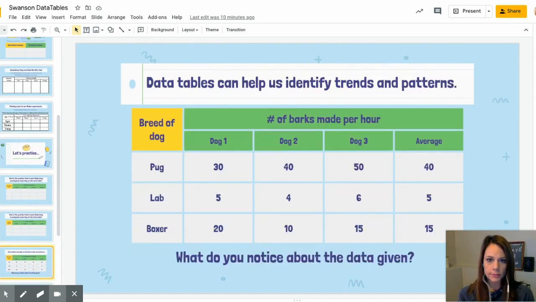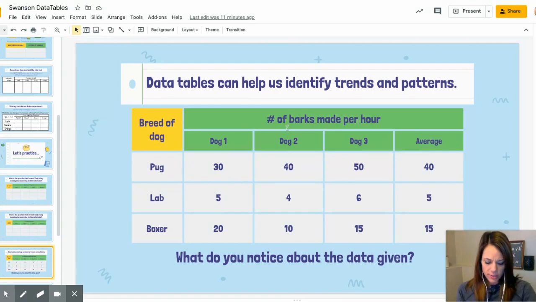Let's look at this one. It says data tables help us identify trends and patterns. So we've got here our independent variable because it's on the left. We've got breed of dog, that's our independent variable. We've got a little pug, a lab, and a boxer. And we've got number of barks made per hour.